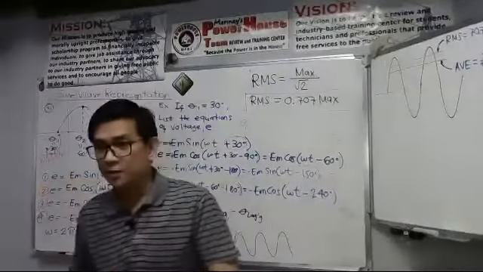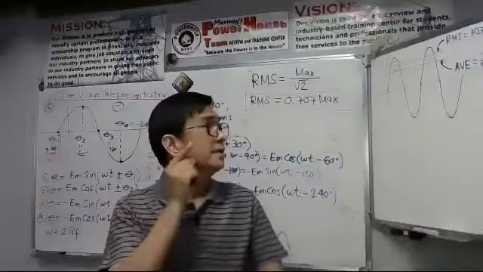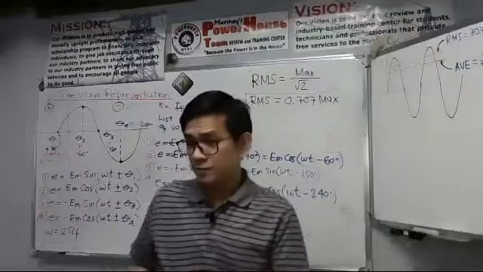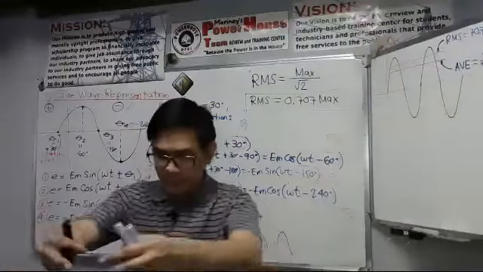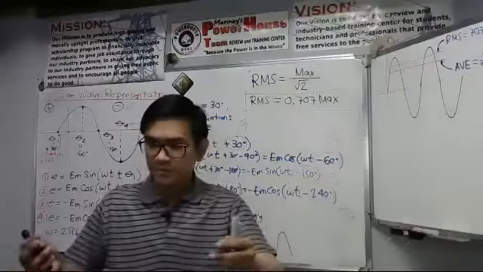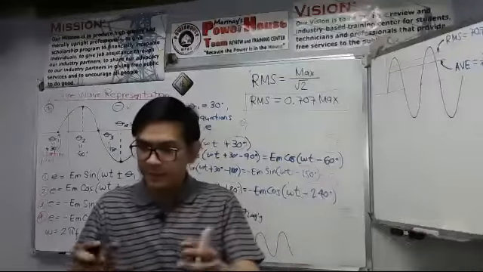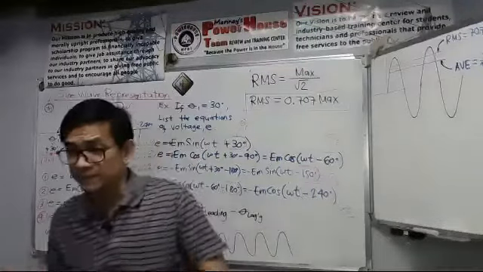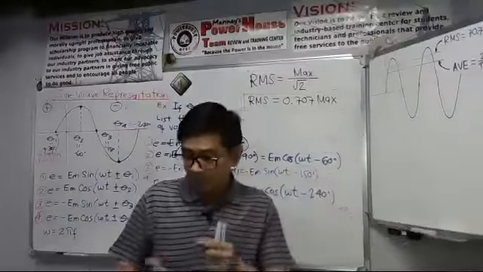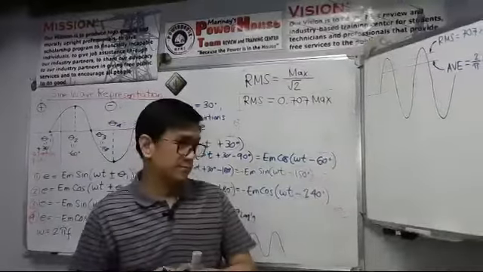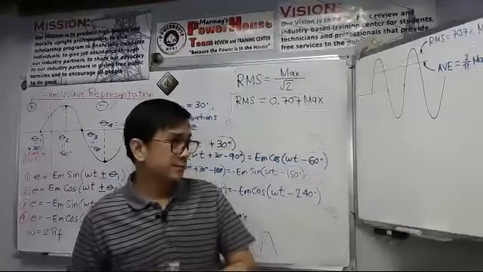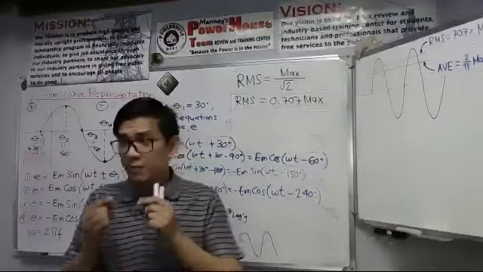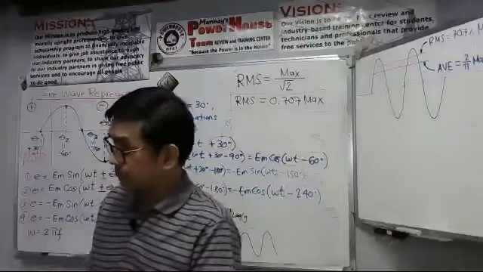That 236 is the AC value, which is the RMS value. Let's say you have a direct current circuit, a battery or a rectifier, and you measure 12 volts from your DC voltmeter. That is the DC value, which is 63.7% of the maximum.